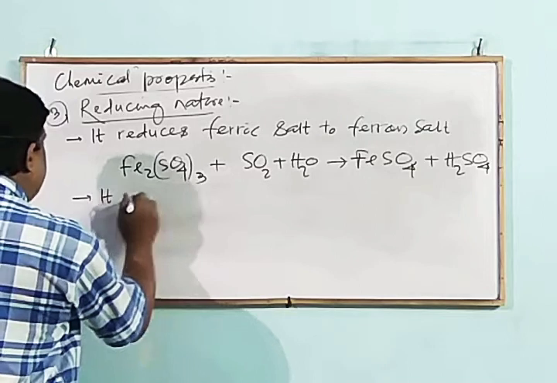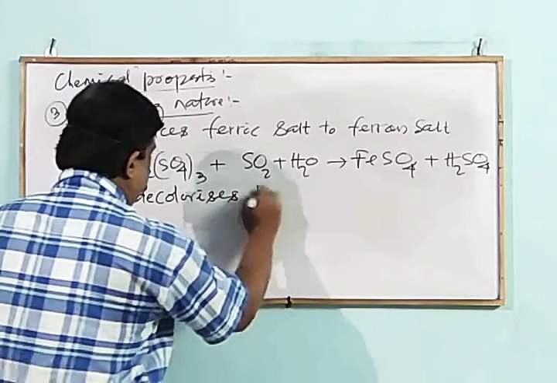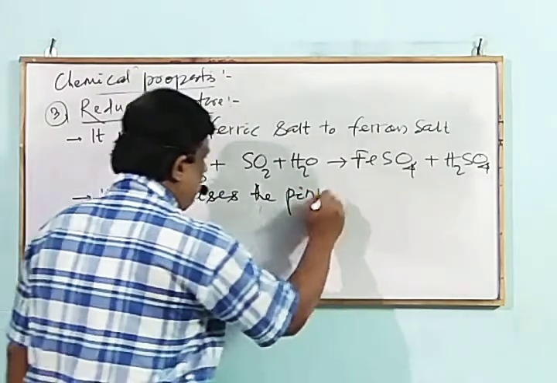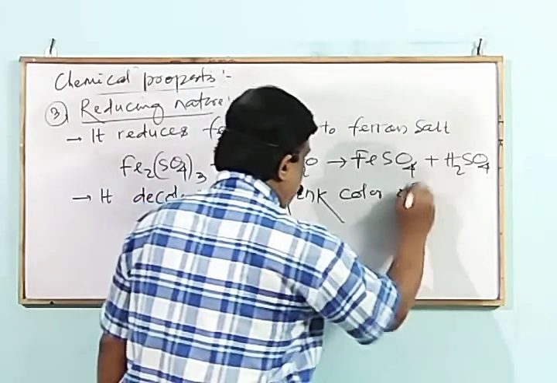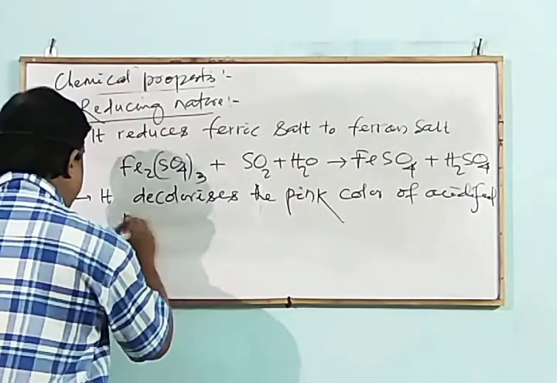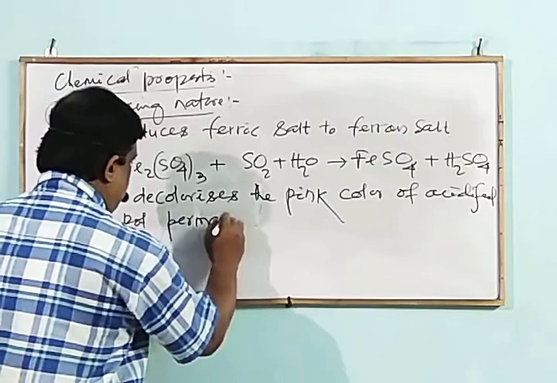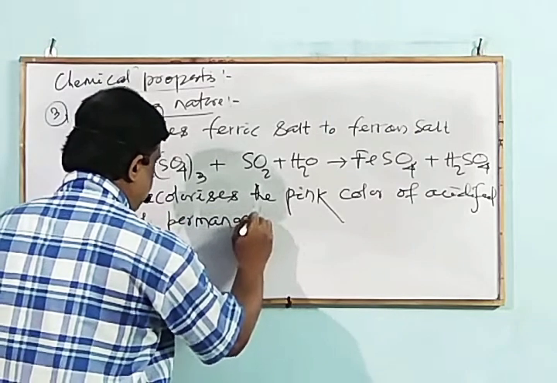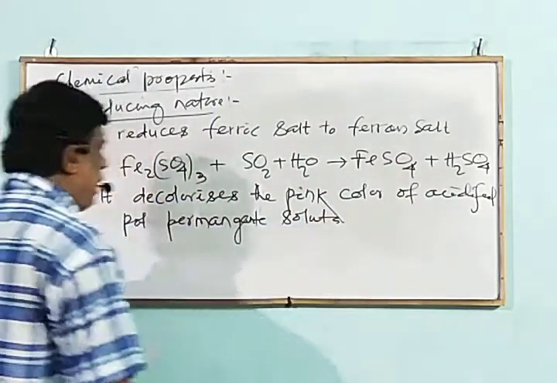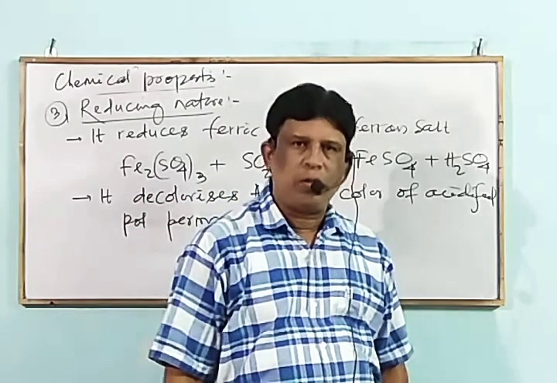Next, it decolorizes the pink color of acidified potassium permanganate solution. Acidified potassium permanganate is pink in color. It decolorizes the acidified potassium permanganate.